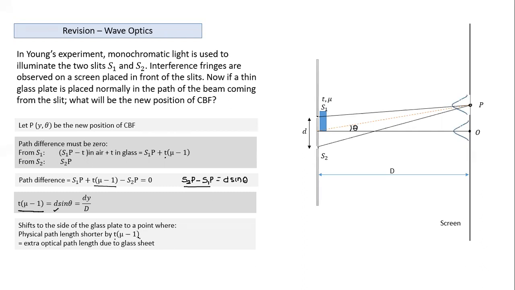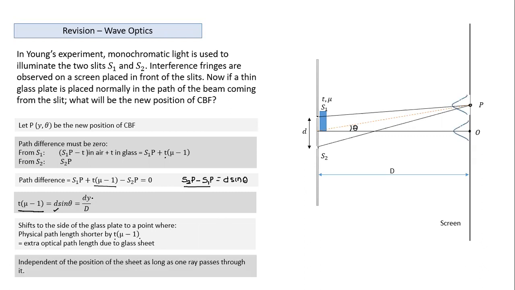That's the condition, and we can arrive at it very easily. Once we have this, we can find the value of theta, and if y is small, we can find the value of y as well. One more point we can notice here: rather than placing the sheet here, if we had placed the sheet here also, it produces the same change in path length. We can keep the sheet very close to the slit or at some distance.